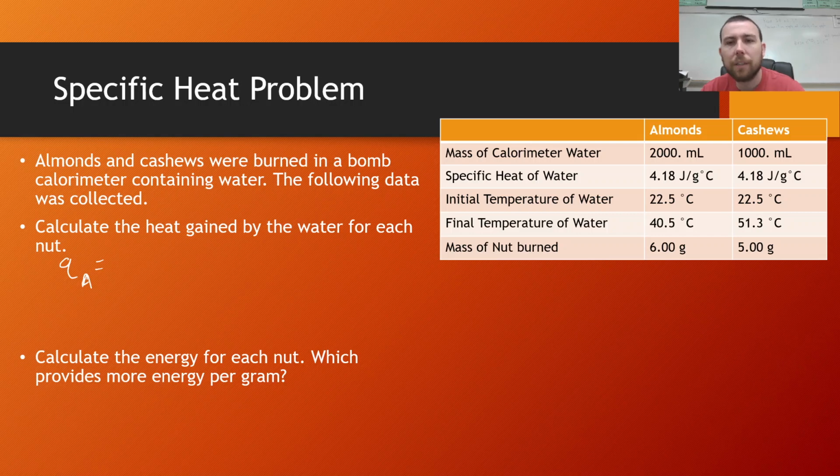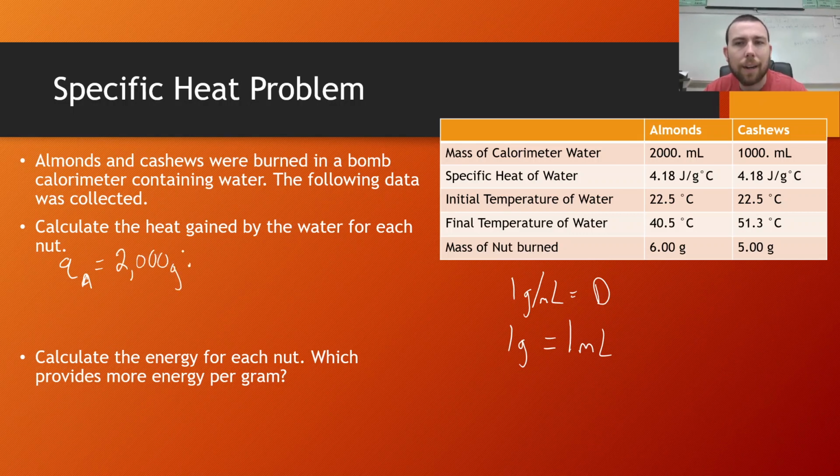For that 2,000 milliliters, don't forget, 1 gram per milliliter is the density of water. So that means we've got 2,000 grams of water times the specific heat, 4.18 joules per gram degrees Celsius, times delta T.